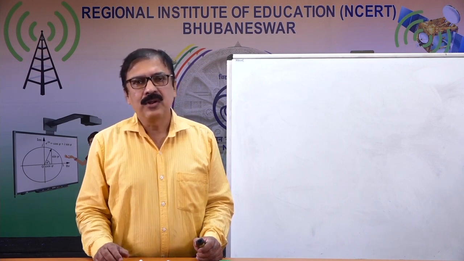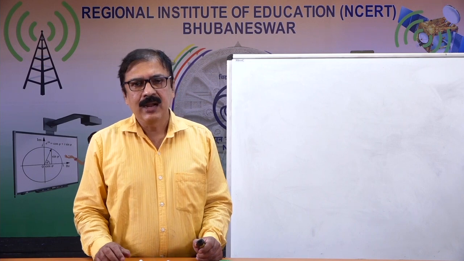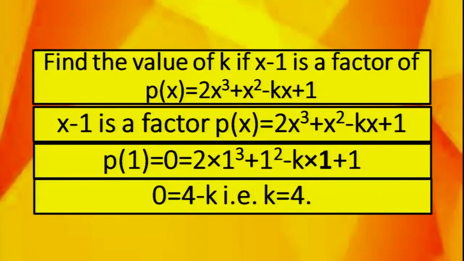Now if we calculate it, we have 0 on the left side, and on the right side, see, 2 into 1 cube gives 2, plus 1 square gives 1, so 2 plus 1 is 3, minus k into 1 gives minus k, plus 1, that means 4 minus k. So 0 is equal to 4 minus k.